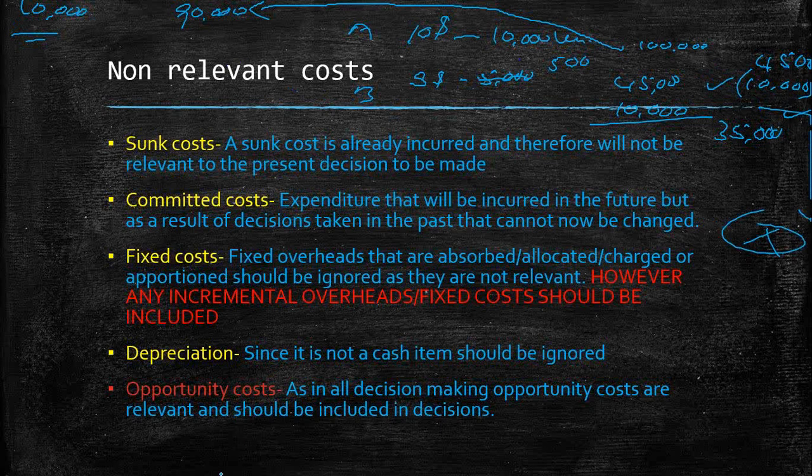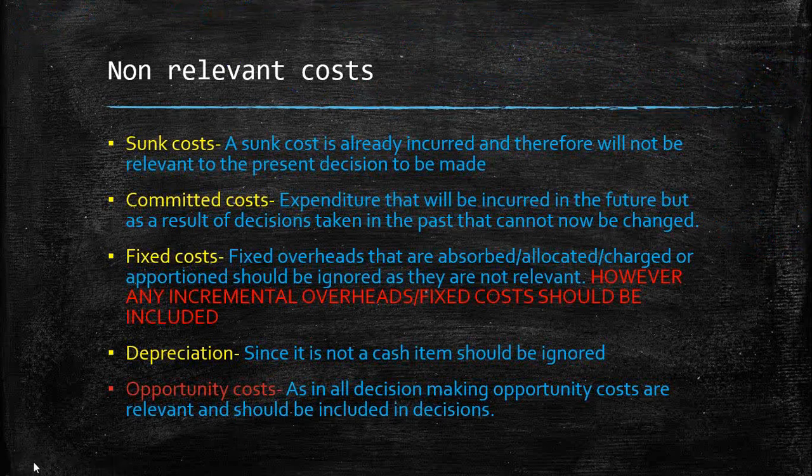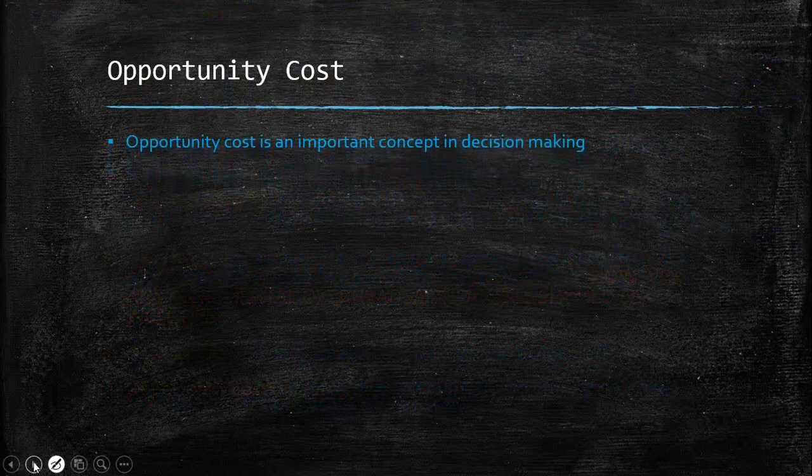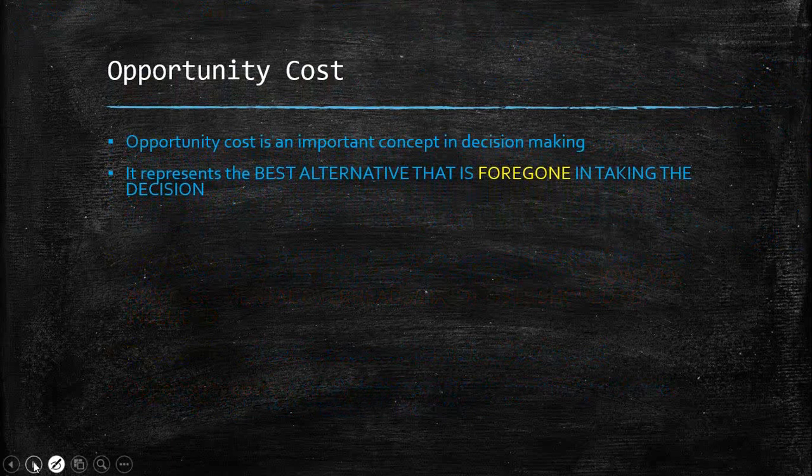Right, okay. So that's what we call an opportunity cost. The opportunity cost is a very important concept in your decision making. It is what is foregone. It is not just any alternative that is foregone, but the best alternative that is foregone. Because you are going to do something, what are you going to sacrifice?